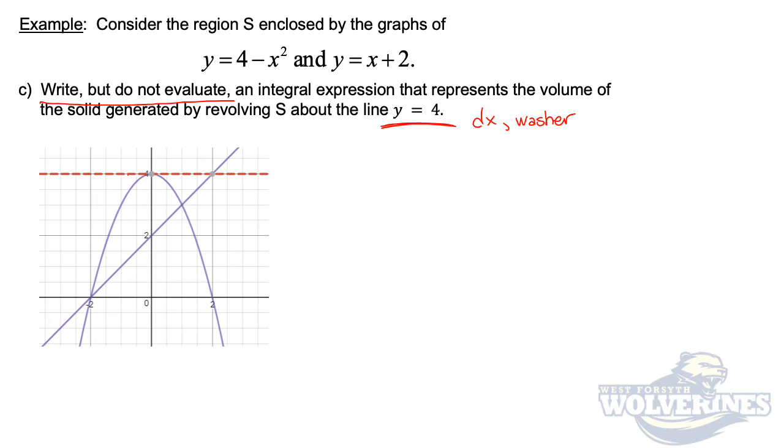Y equals 4 is another horizontal line. Yay, it's another dx. And y equals 4 is not one of the boundaries, so it is another washer. It's just a different washer from before. And it's marked here on the graph, that dashed line, that's y equals 4. So that's going to be our axis of revolution this time.